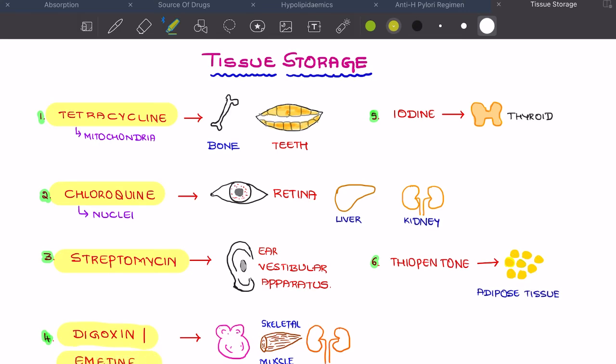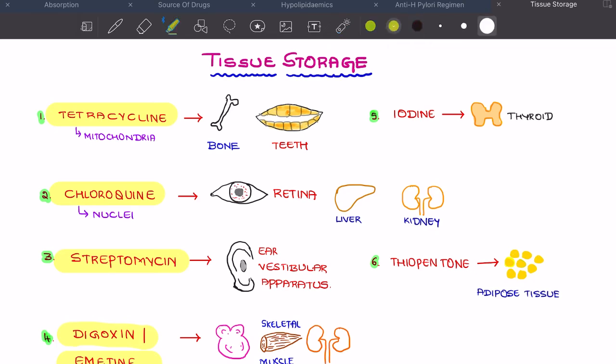Digoxin as well as emetine can get deposited inside the heart, skeletal muscles as well as in the kidney. So an increase in their concentration can lead to abnormality in cardiac activity as well as in skeletal muscle and renal function.